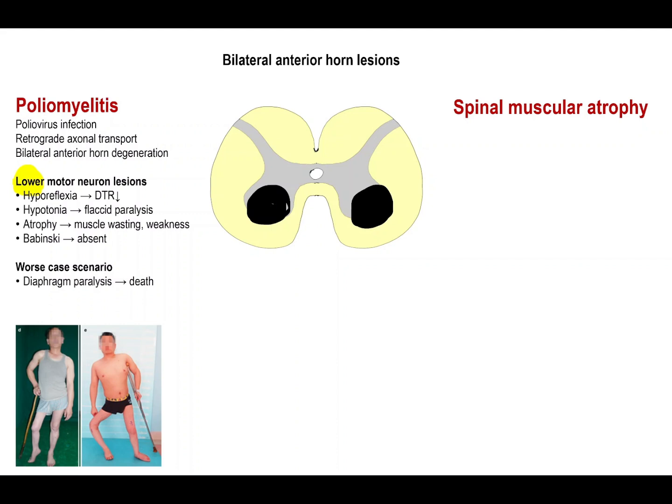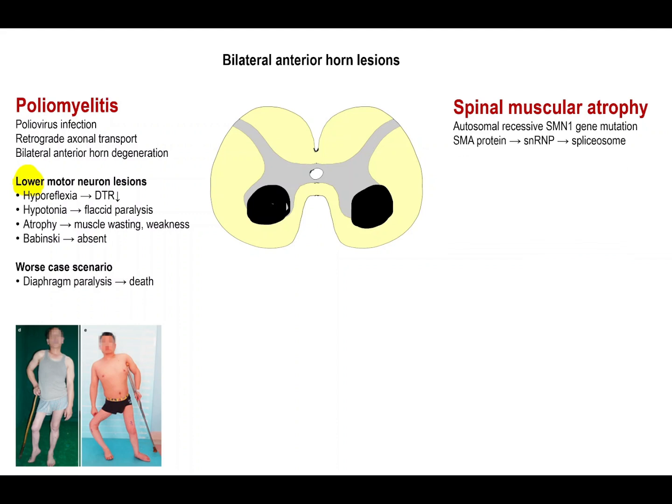On the other hand, spinal muscular atrophy is a genetic condition. It is an autosomal recessive mutation of the survival motor neuron gene, SMN1.